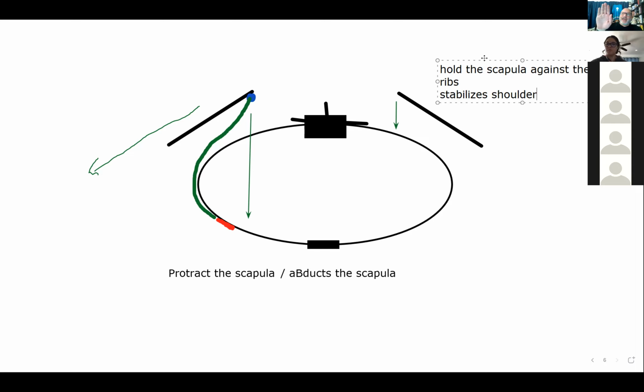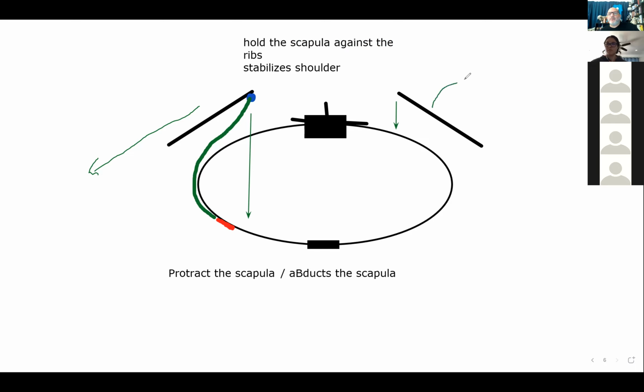And so what can actually happen is if that nerve gets damaged, the scapula will actually wing off. Basically, as it loosens, the medial border comes off of the wall of the ribs. It's what we call winging of the scapula.